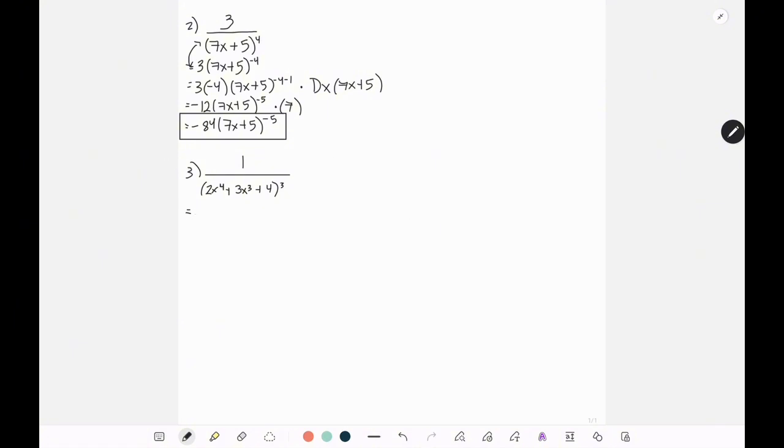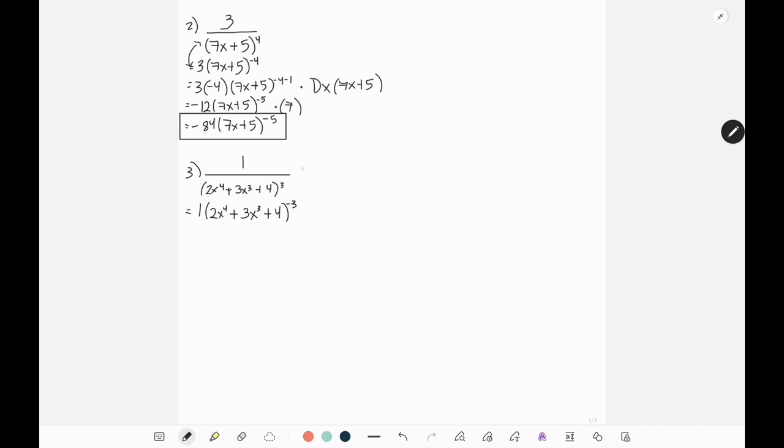So, again, just simply, so 1, and then copy again the denominator, 4x raised to 4 plus 3x raised to 3 plus 4. So, yung 3 natin na exponent, gagawin natin siyang negative.